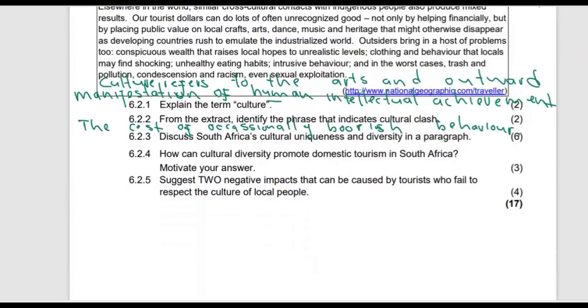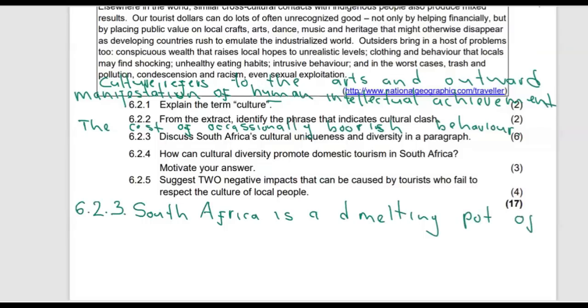All right, 6.2.3. South Africa is a melting pot of diverse cultural influences.